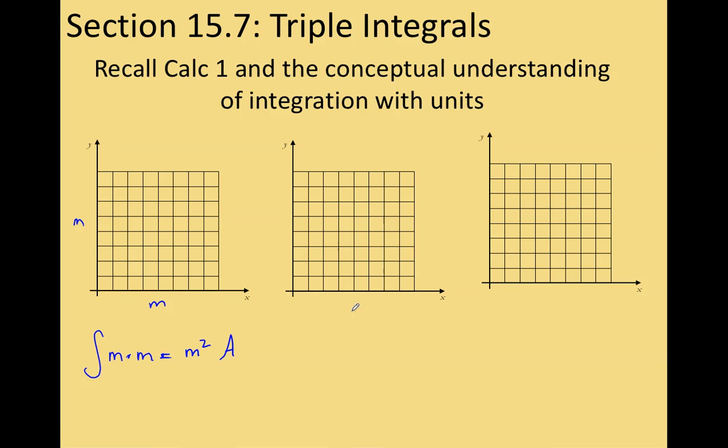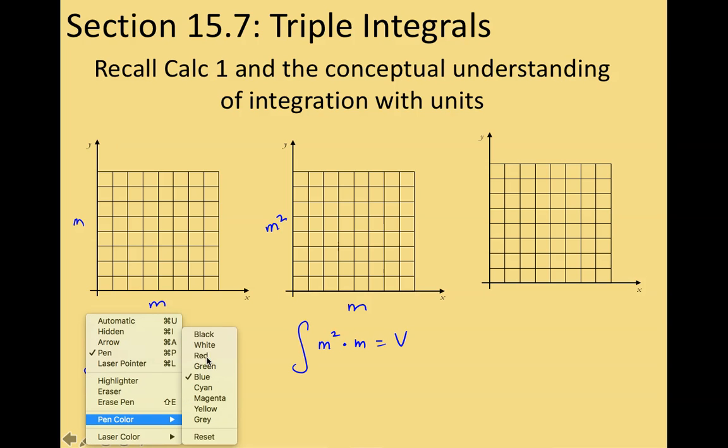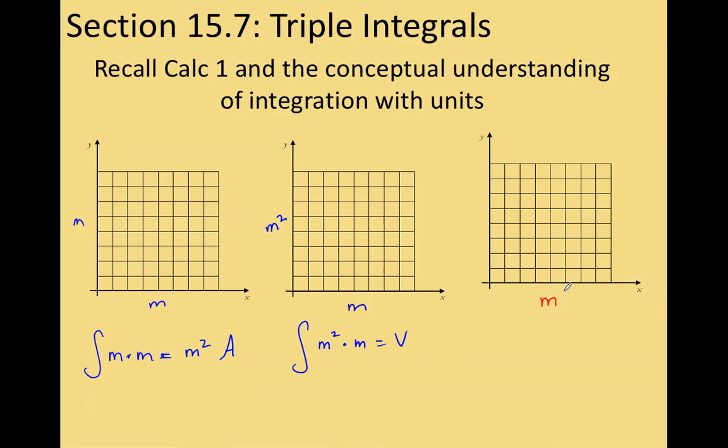No big deal. Well, what about if I put area on the vertical axis? Okay, so my product is meters squared times meters, which is volume. Well, what if I put volume here and on the vertical axis I put density? Density is measured in kilograms per cubic meter, right, or mass per volume.